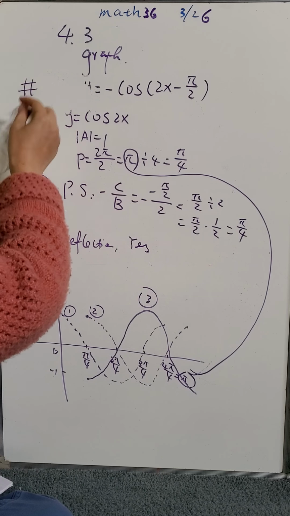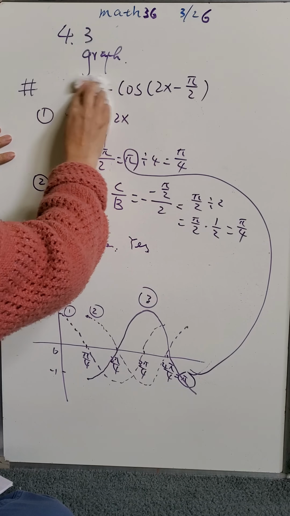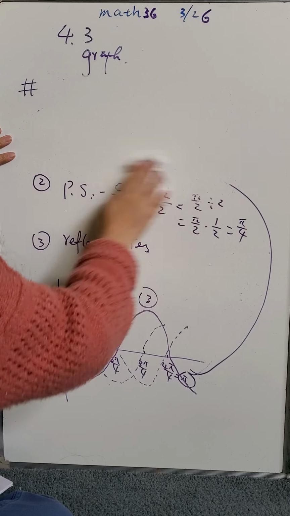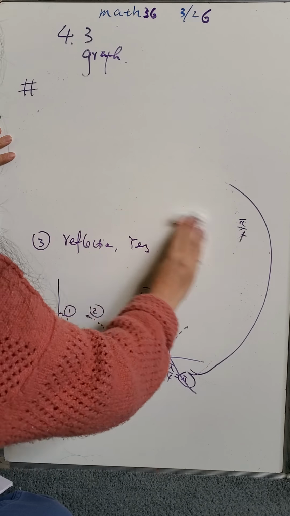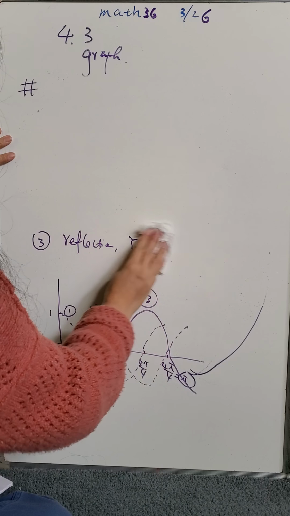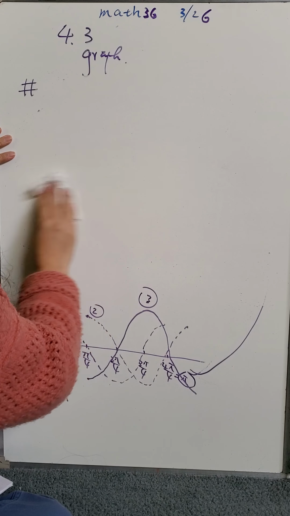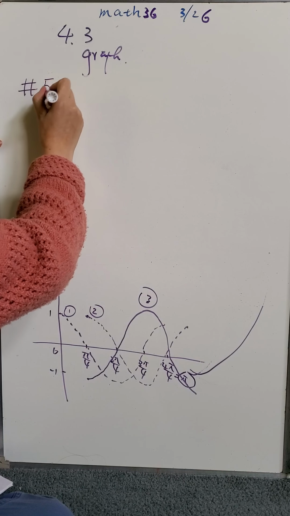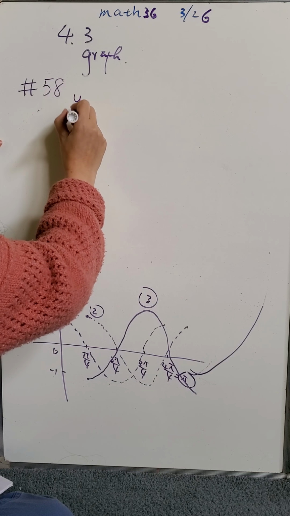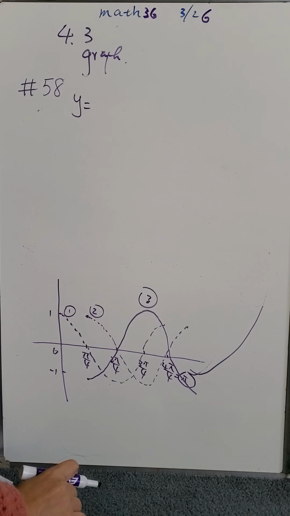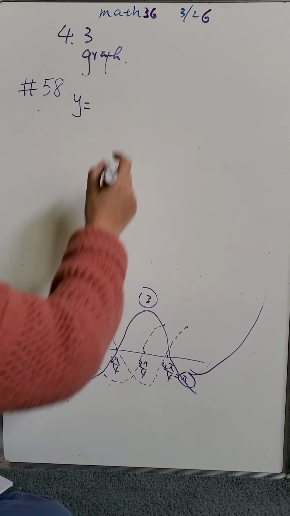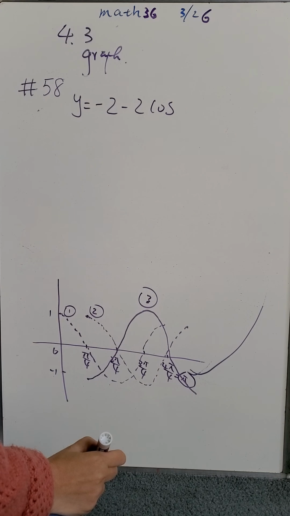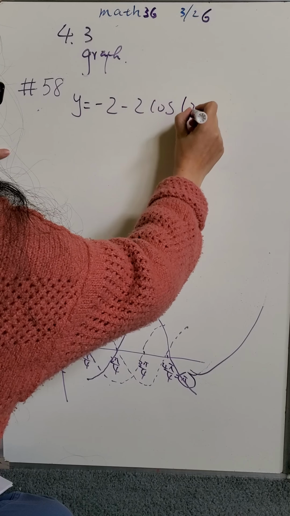Number 15.8: y equal to -2 minus 2 cosine 2x minus pi.